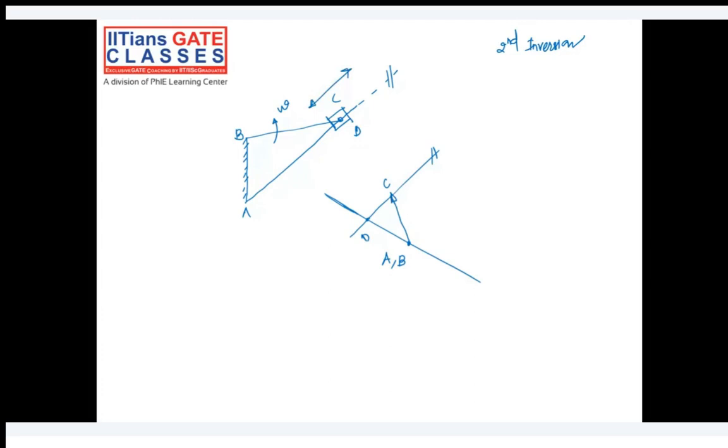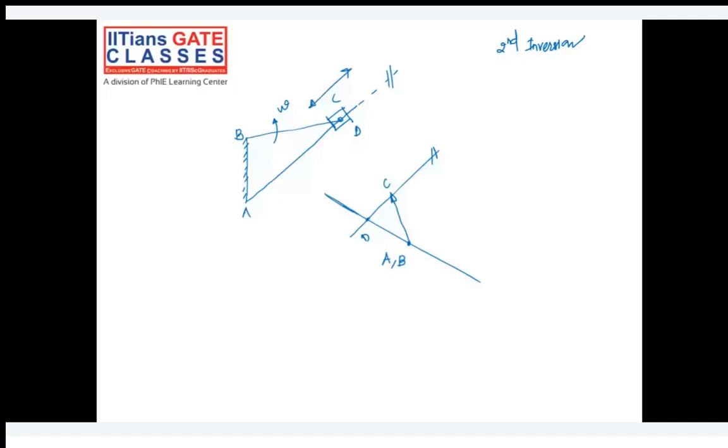Is it clear till this? Are you also getting the same velocity diagram? The slider velocity will always be along the link AD, right? Yes, slider velocity will be along the line of action.